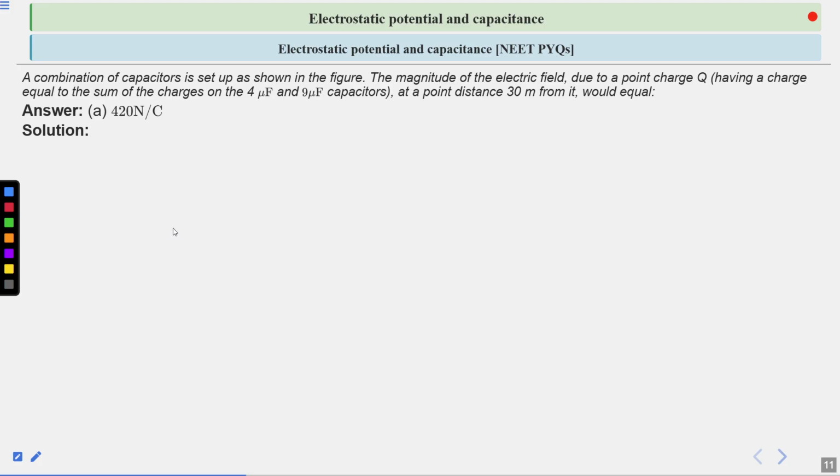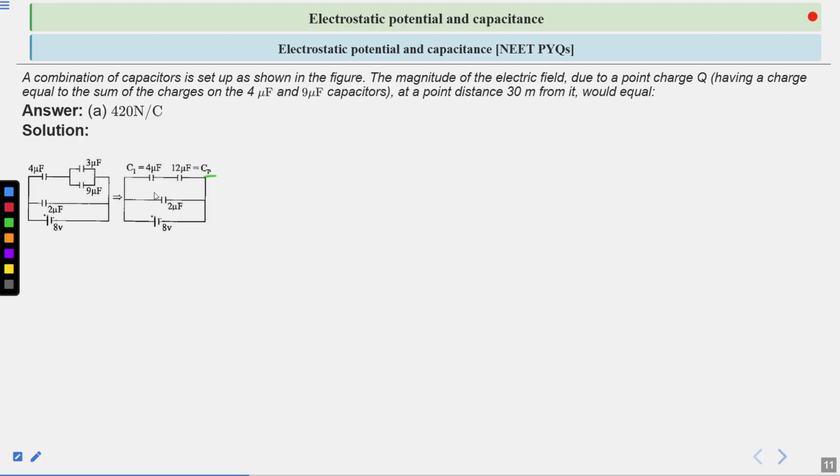So this is the thing we are going to do. We will find the equivalent capacitance of these capacitors that are in parallel combination. Since they are in parallel, it will be the algebraic sum of both the capacitances. 9 plus 3, 12 microfarad is the CP, equivalent capacitance of the parallel combination.